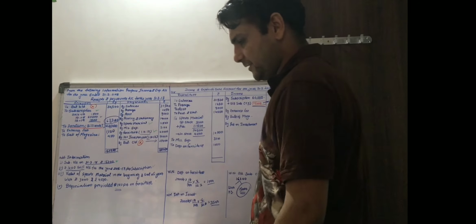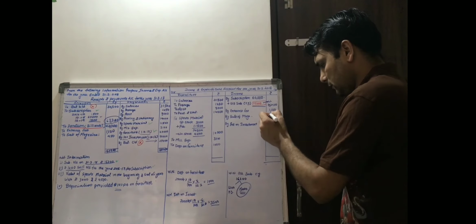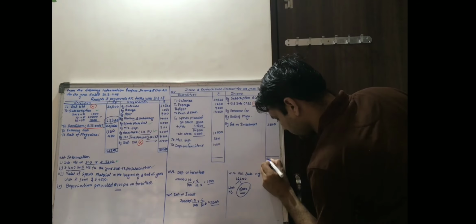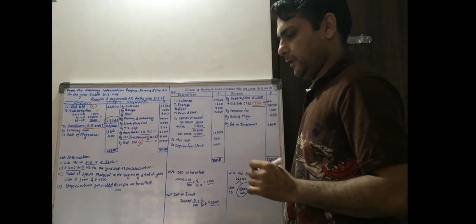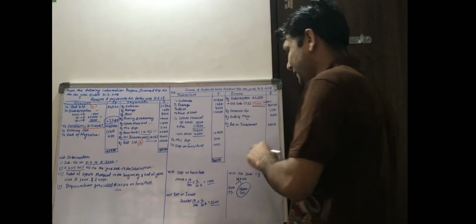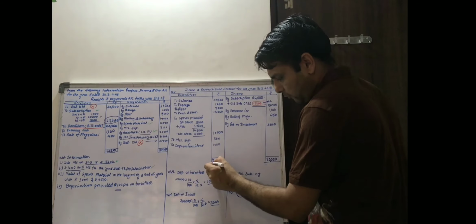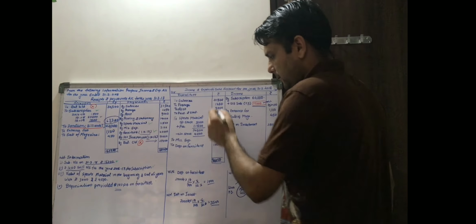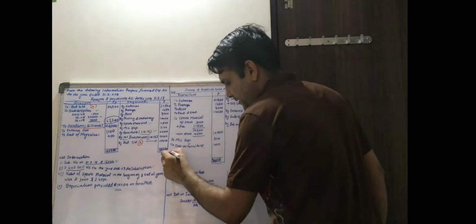So what is the credit side total? 80,050. The credit side total is 80,050. The same total we have to write on both sides, so we make the total of the debit side.